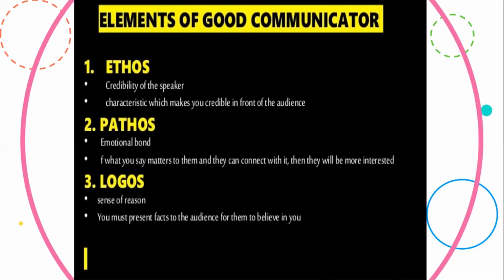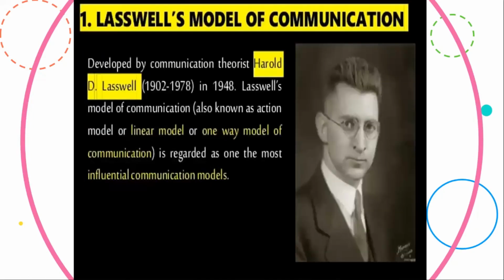It is about the emotions and feelings of the sender. Logos, sense of reason. You must present facts to the audience for them to believe in you. More on a factual basis, based on right research. That is the meaning of logos. Remember the three elements of a good communicator: ethos, pathos, and logos.